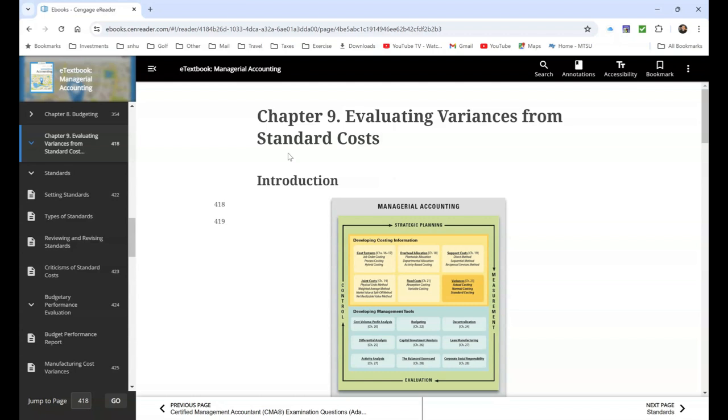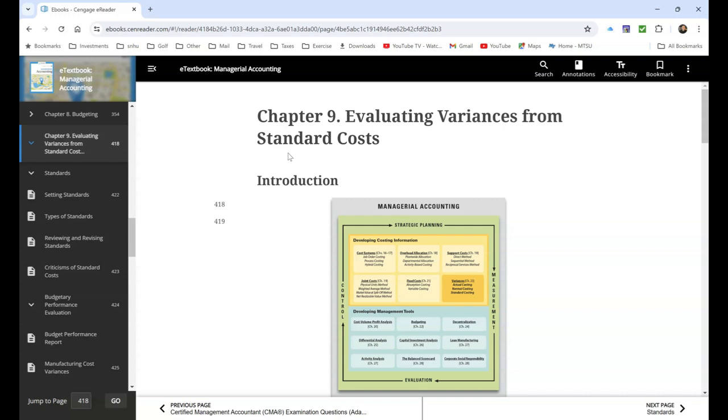Instead of just saying, well, we're over budget or under budget by this amount, it allows you to ask: is it because we paid more for materials? Is it because we used more or less materials? Is it because we paid more for direct labor or we used more or less direct labor? And the same thing applies for factory overhead, et cetera.